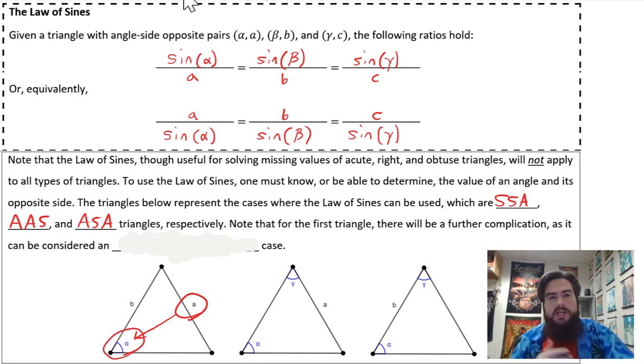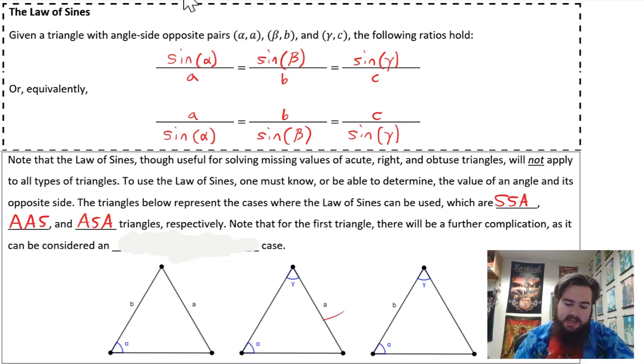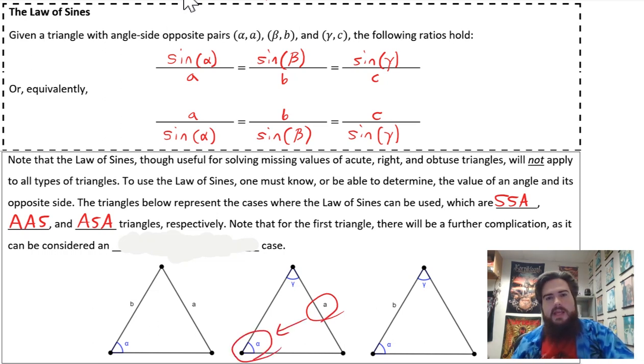So I can use a full ratio of sine of alpha over A and try to solve for another missing value. We can also use it in the second case, AAS, because again we have side length A and angle measure alpha.